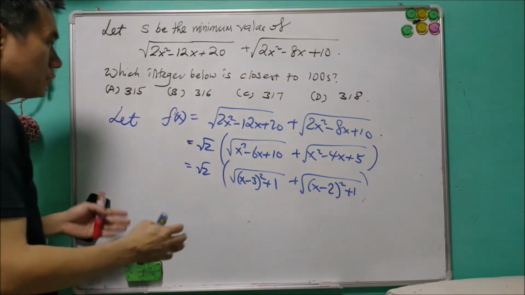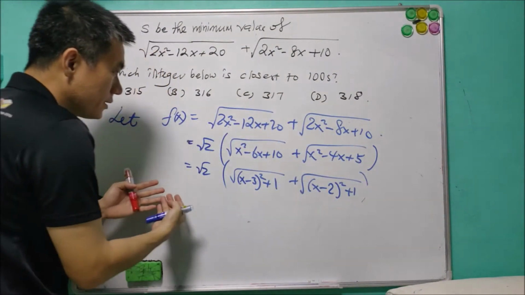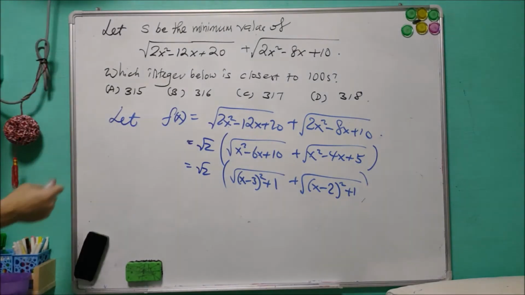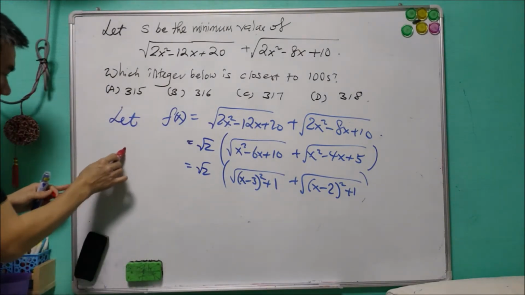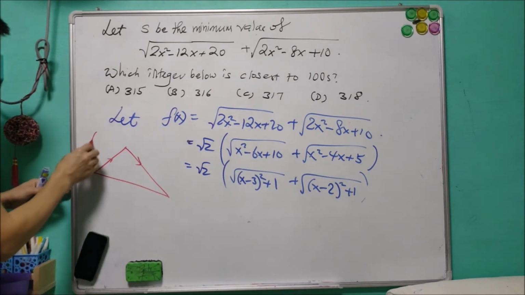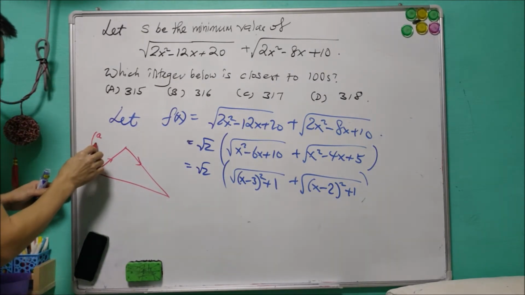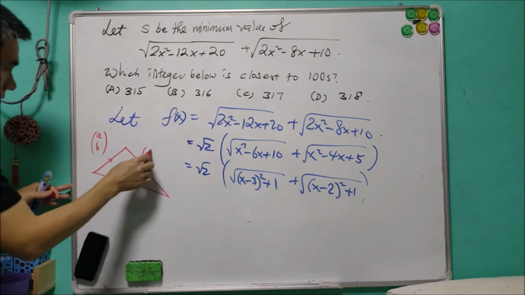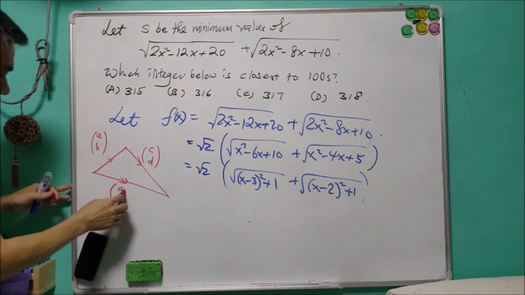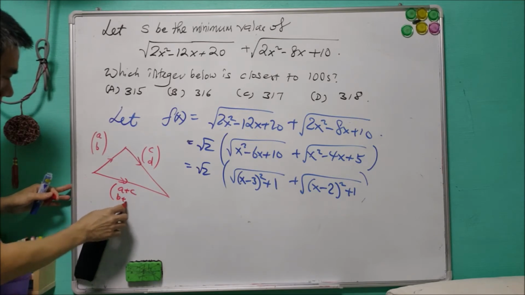For method 2, we still need the expression here, plus an idea from vectors. Again, from the triangle inequality, using vectors, let's say this is (a, b) and this is (c, d), then this will be equal to (a plus c, b plus d).